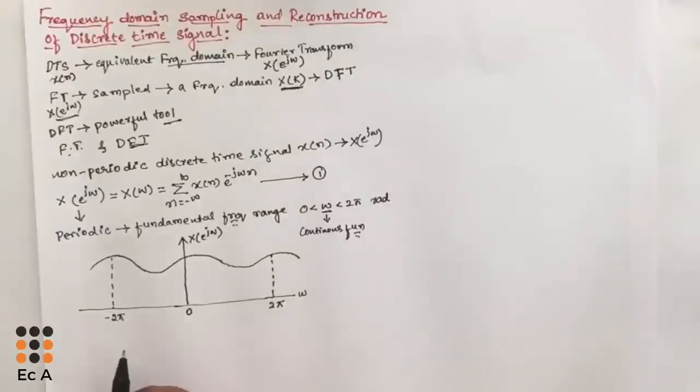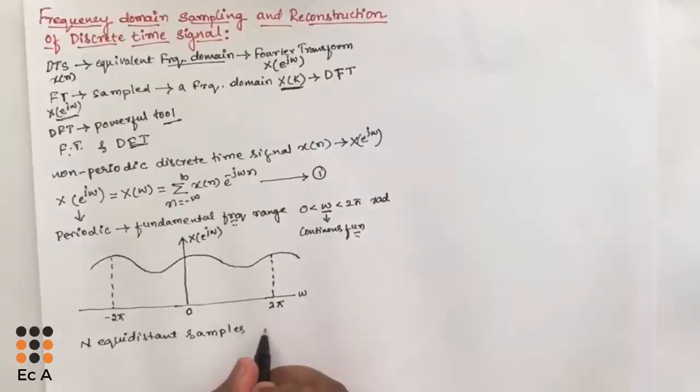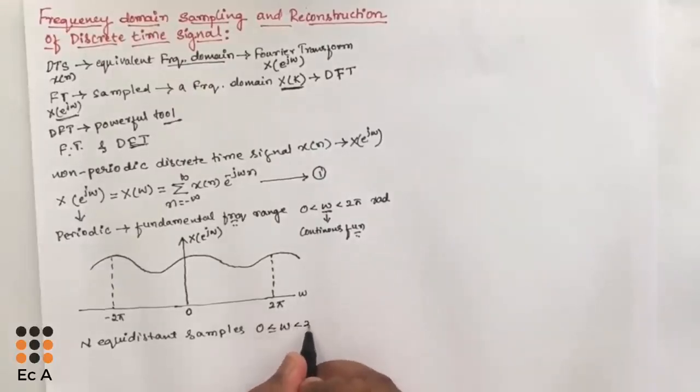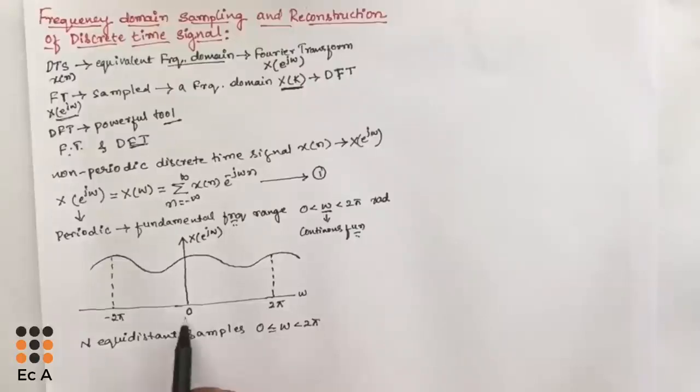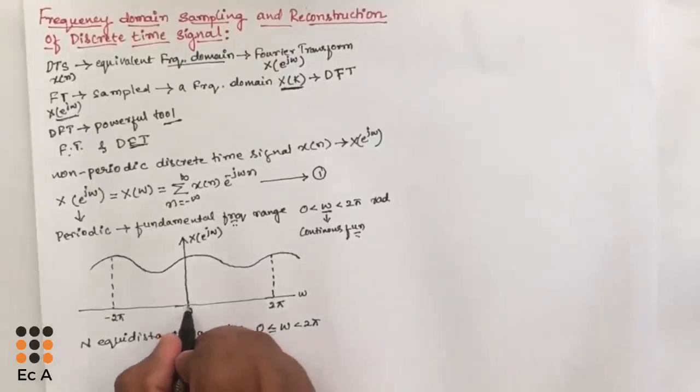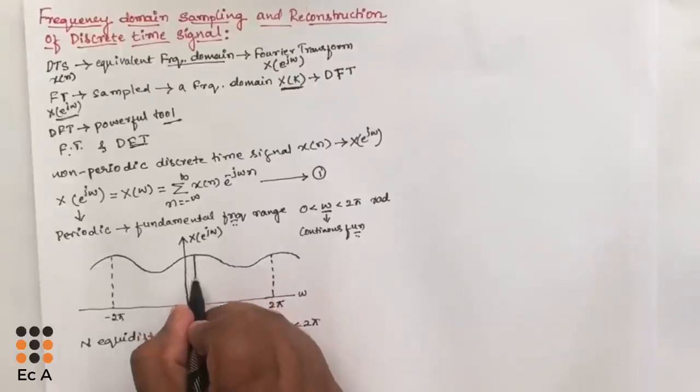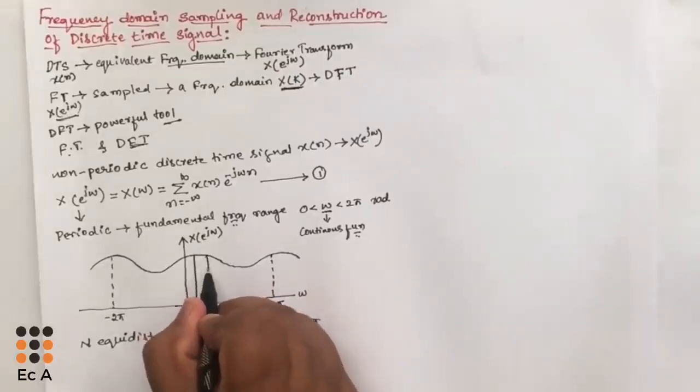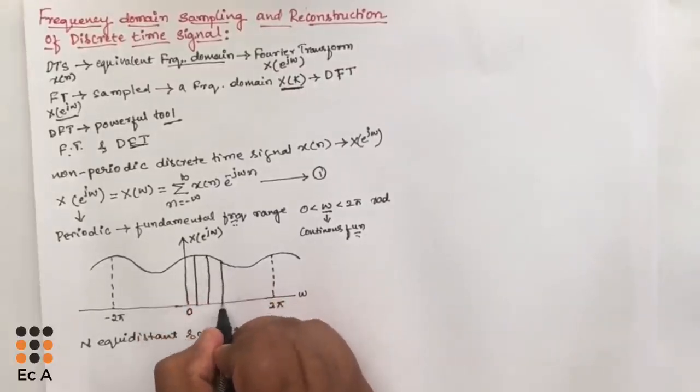Now let us take N equidistant samples in the interval 0 to 2 pi. For omega value 0 to 2 pi, we will take N equidistant samples. So we'll take a sample here, second sample, third.